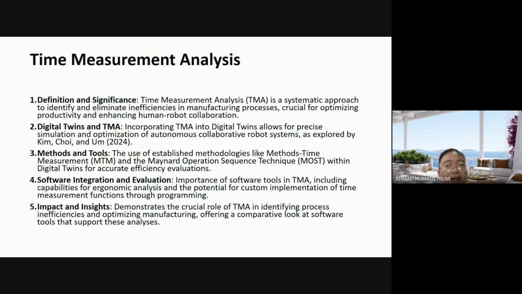Meaning that before the robot operates, it is simulated in the system with the help of a digital twin to make the movement more time efficient. So we can dissect each movement and process in the simulated system, pinpointing inefficiencies with precision.